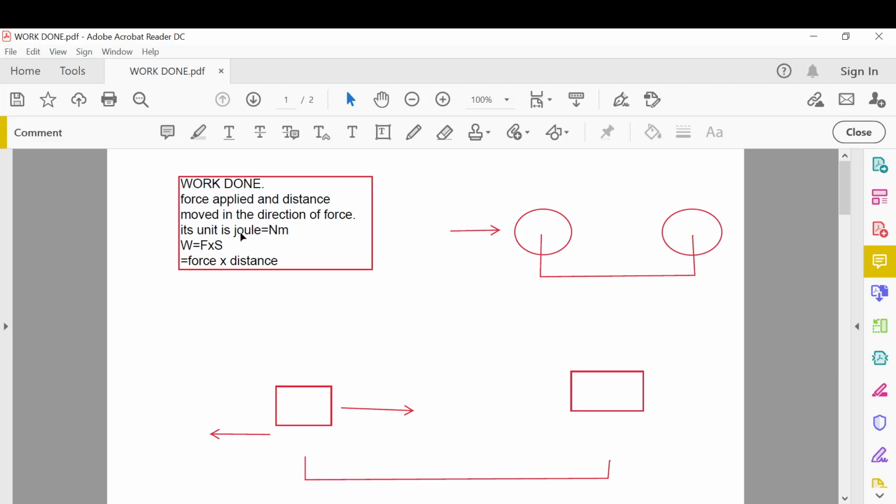Fine. Now we have an example of how we can calculate the work done.